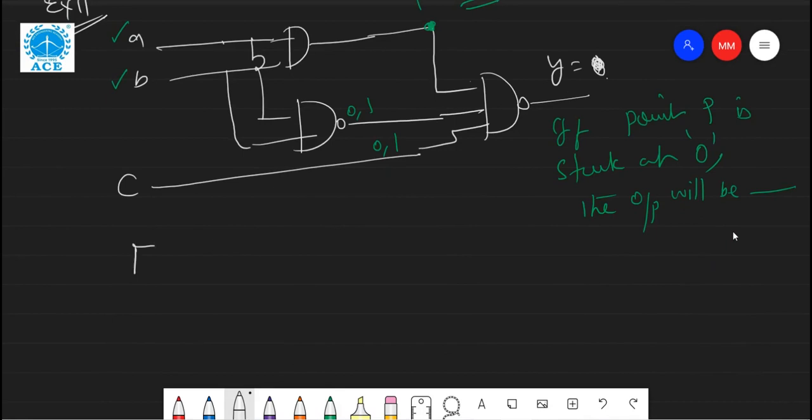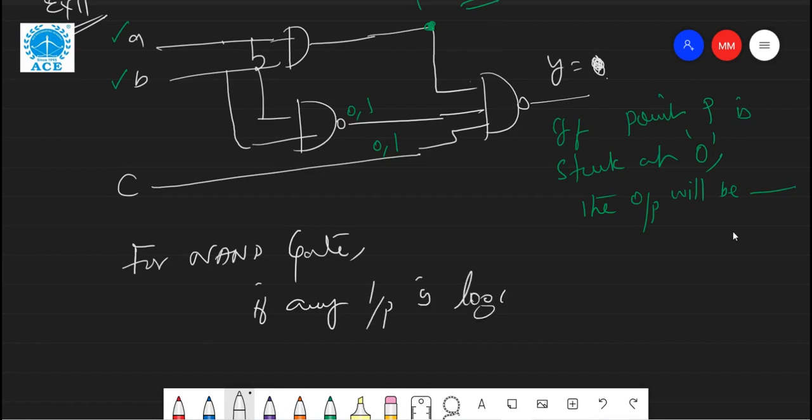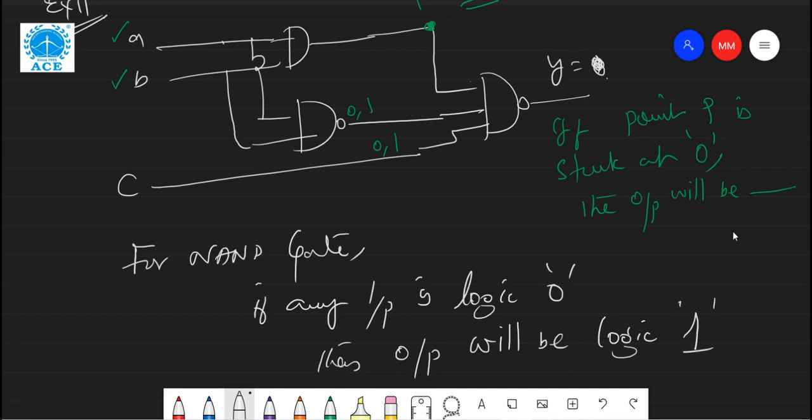For a NAND gate, if any input is logic 0, then the output will be high, that is 1, logic 1, right?